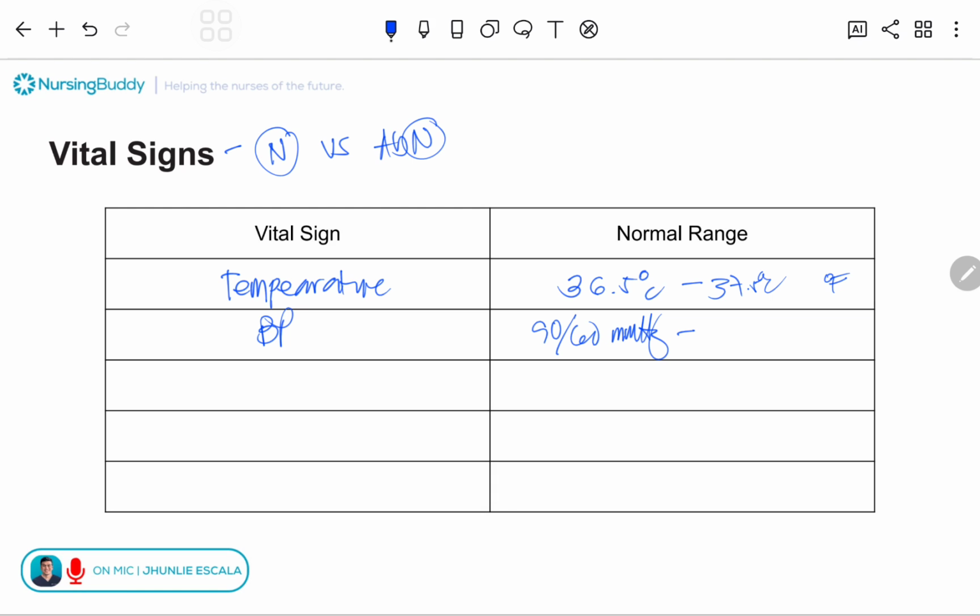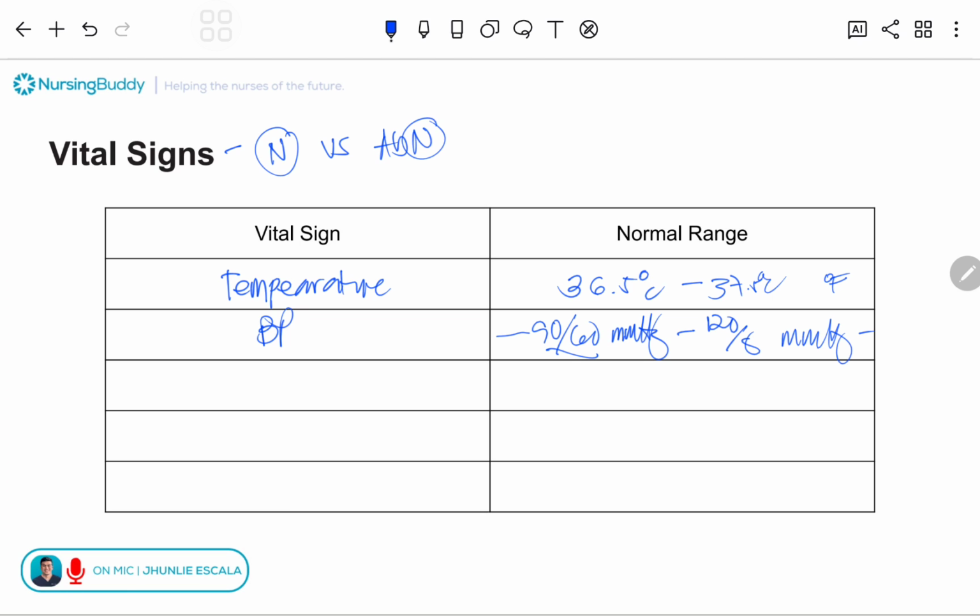Why? Because some people have 90 over 60 but it's just normal to them. So what I'm trying to say is that it depends. The normal here is 90 over 60 to 120 over 80. When it goes up, we call that hypertension. When it goes down, we call that hypotension.